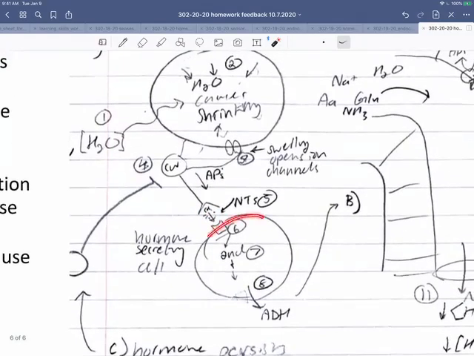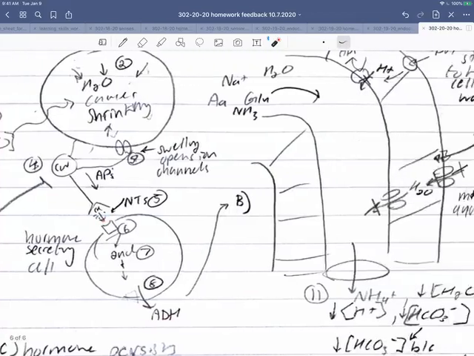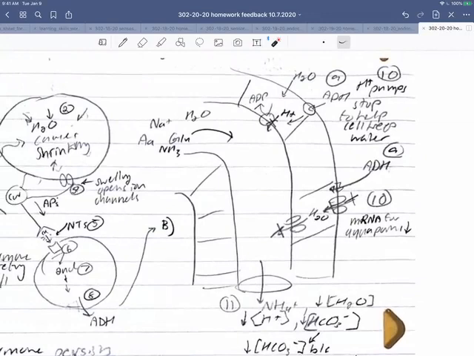They had a separate ADH secreting cell, which would work. So neurotransmitter, ADH, is released from the neuron, and then they have ADH going over in here and binding to a cell. And they have two things going on.